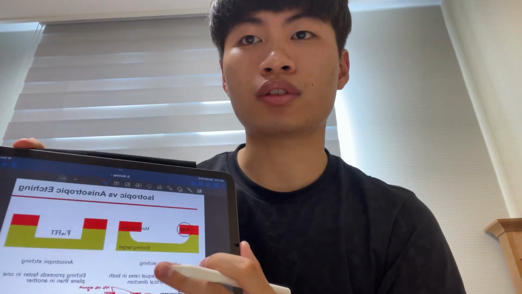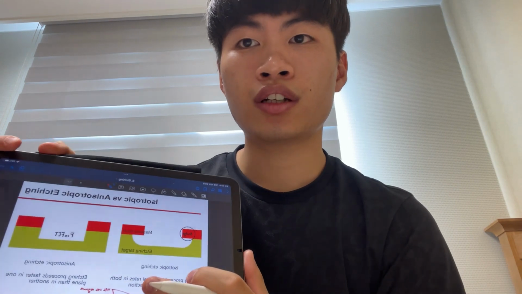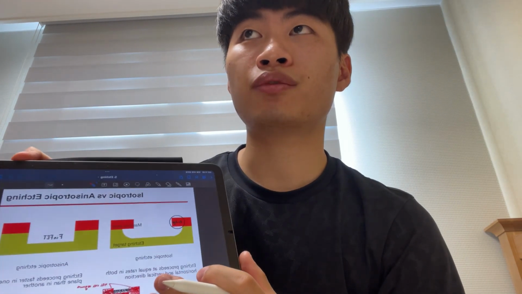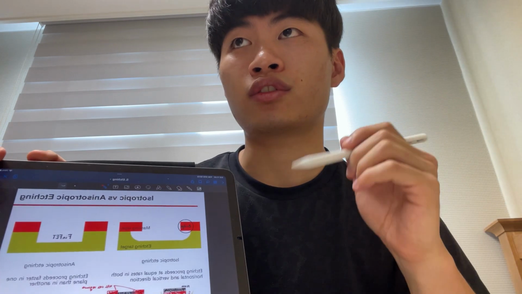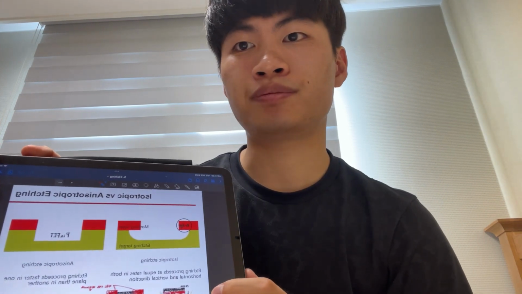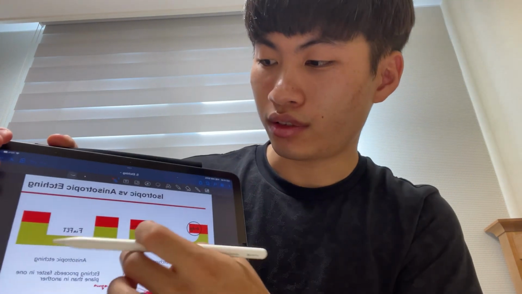When I talk about the etch profile, I said etch profile means the direction of the etch process. So look at the figure.